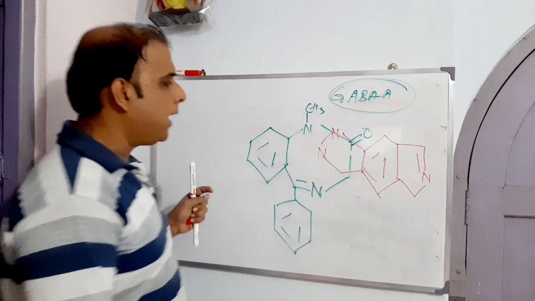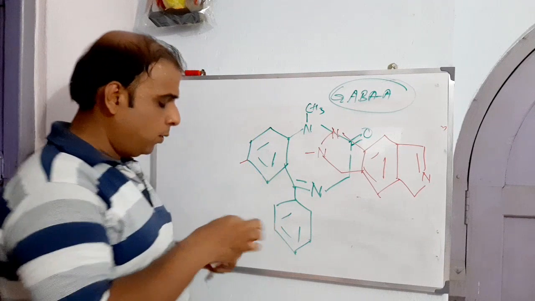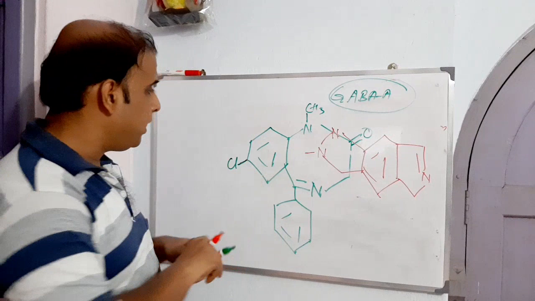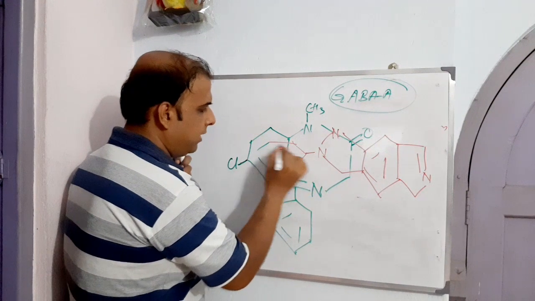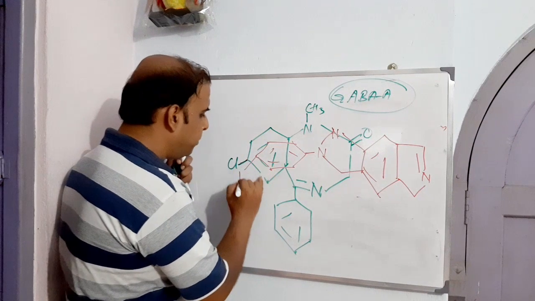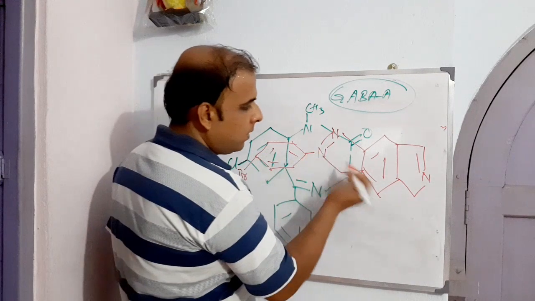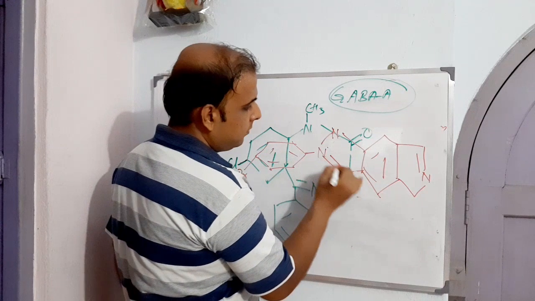And with this nitrogen we have a chloro here, that is for benzodiazepine. And we have another phenyl here, and suppose we have a bromo here, right?